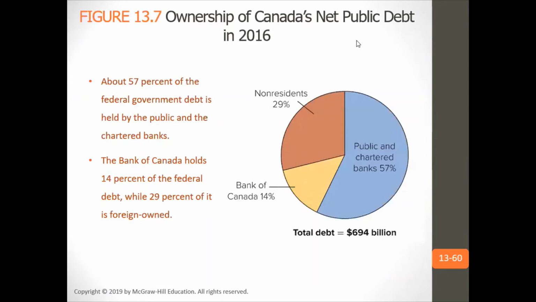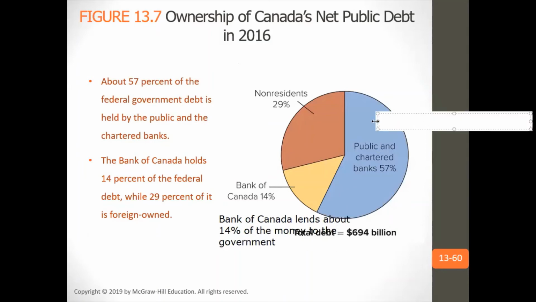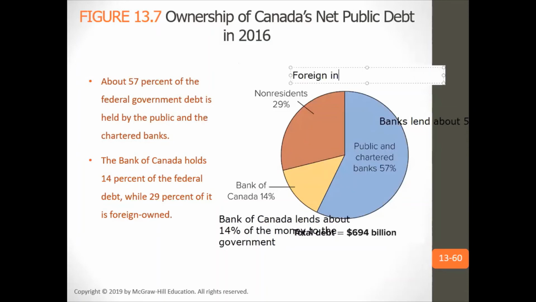So Canada's debt is broken down in this case here. The Bank of Canada lends about 40% of the money to the government, banks lend about 57%, and foreign investors lend about 29% to the government.